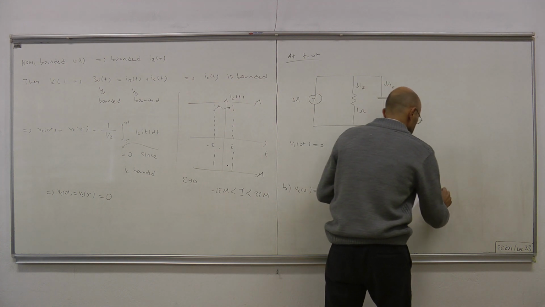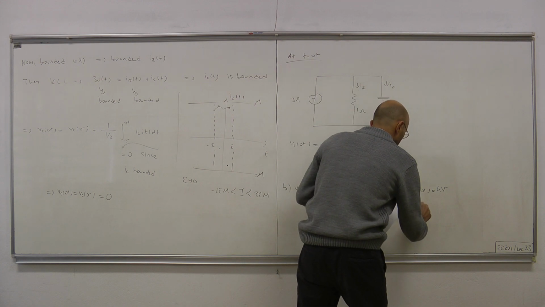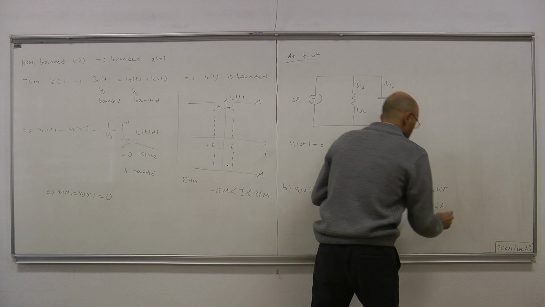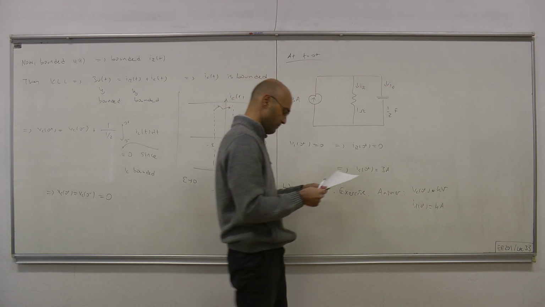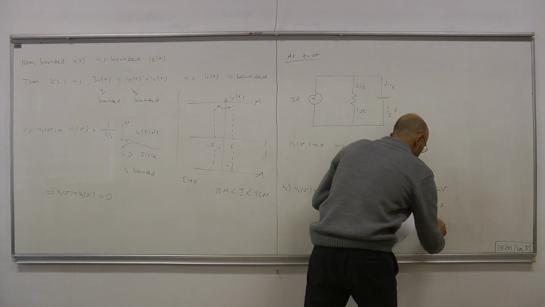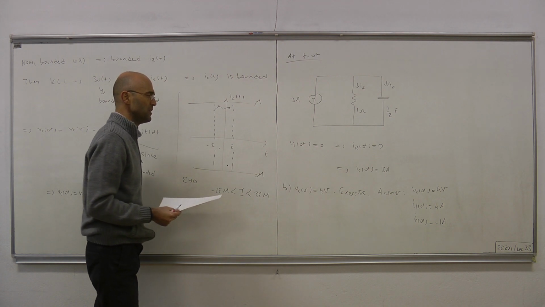VC0 plus is 4 volts. IR0 plus is 4 amp, and IC0 plus equals minus 1 amp by KCL.